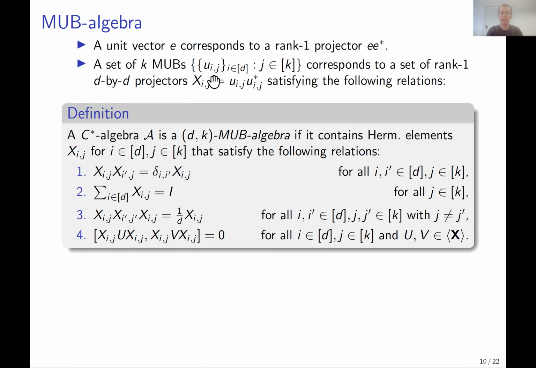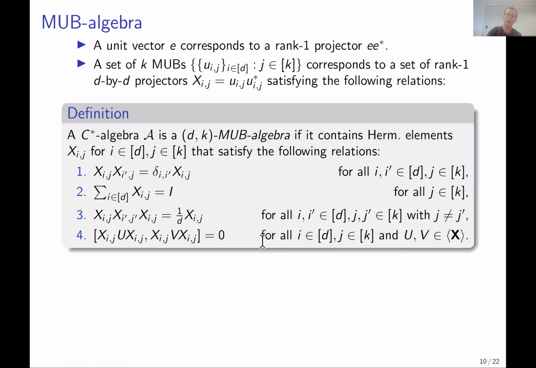And this is essentially, again, boiling down to, if you would work out this product, you would basically get u_ij on the left, u_ij dagger on the right, and in the middle there's just some scalar, right? It's just a product of some inner products. So this is saying that you can permute these scalars. So you can swap the word with u in front with the word with v in front.